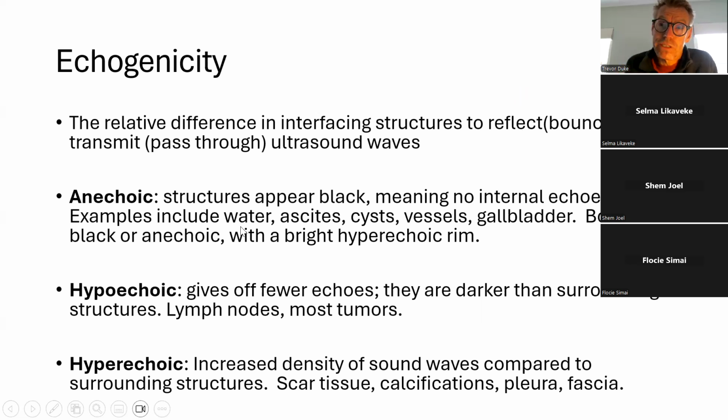So water, for example, such as clear-looking ascites, or cysts that have just water or very clear fluid inside them, or blood vessels, or sometimes the gallbladder if it's just fluid filled, will be black, because there are no structures within them for the sound waves to bounce off or be transmitted through.